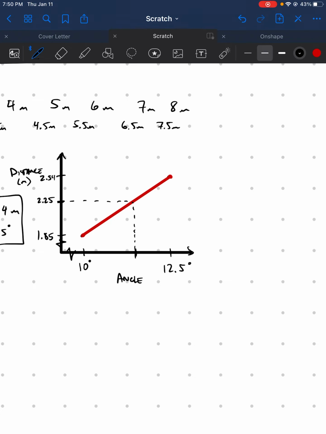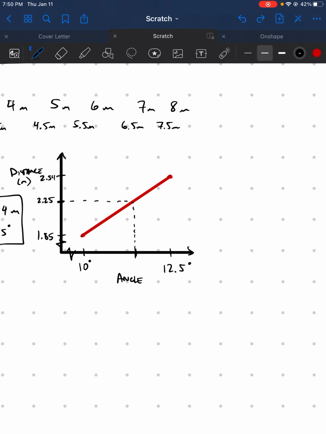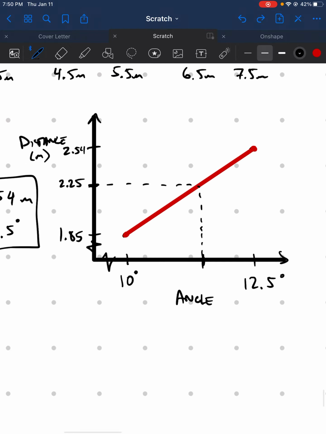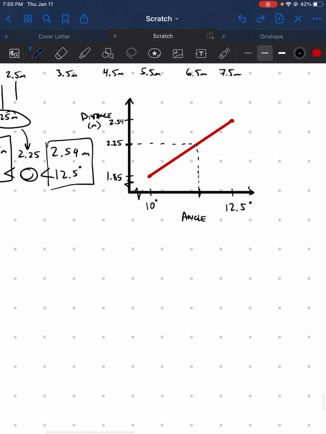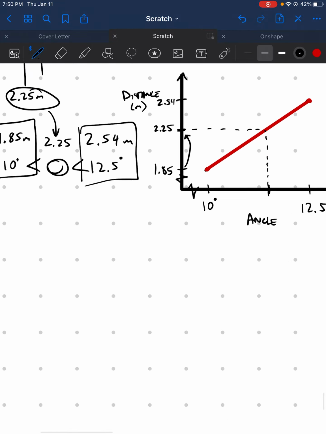But again, we still don't know. And see how it's closer to 12.5 than to 10 degrees, right? That's all this is. That's the whole point of this: you're saying you're going to take this jump.